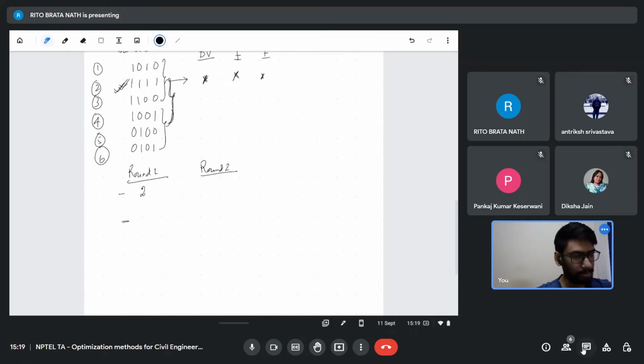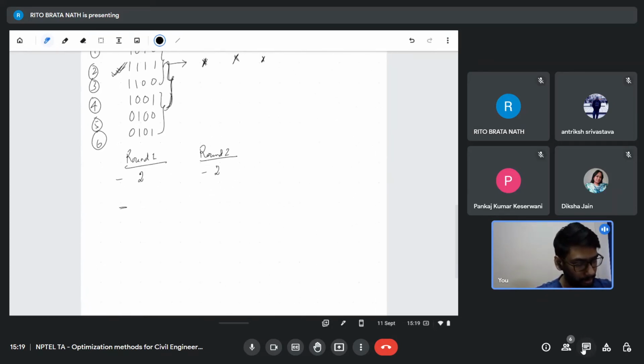Then also this 1111 will be the best solution, and two will emerge as the winner there as well. And then from here you generate two solutions, and one of them is two because that's the winner. In round two, you also generate two solutions.